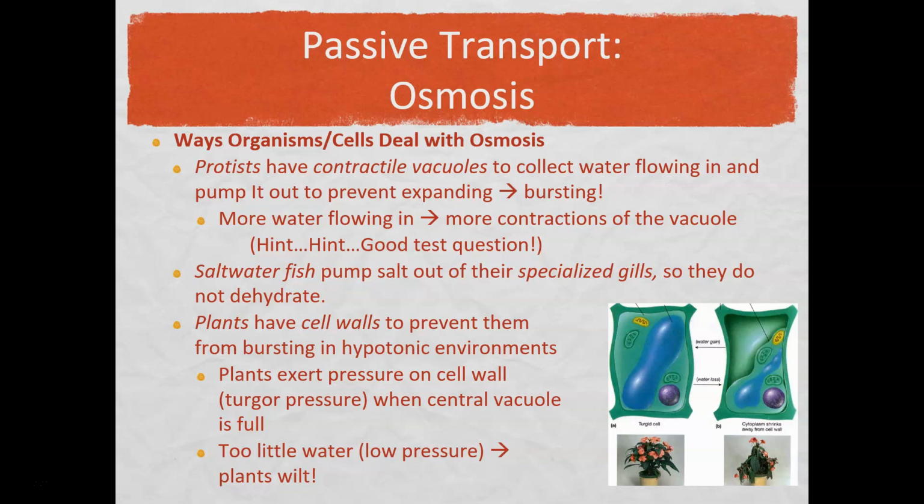Your saltwater fish, go back to that clip I showed you earlier from Ice Age, right? You're constantly surrounded by water and you can't drink it. It's not going to be good to be next to your cells. Your cells need a proper balance.